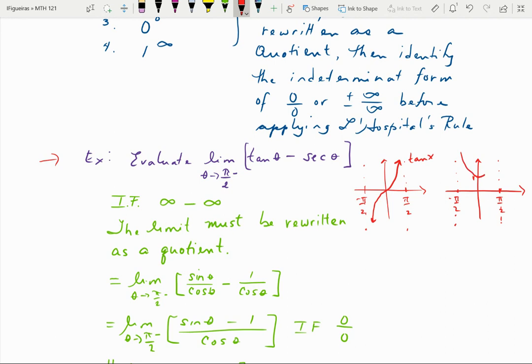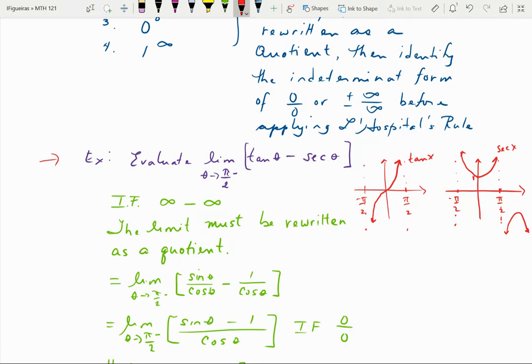And your secant function looks like this, to the left of pi over 2, and then remember it oscillates like this for every pi units. So this is definitely approaching infinity. Both tangent and secant are approaching infinity when you're on the left side of pi over 2.